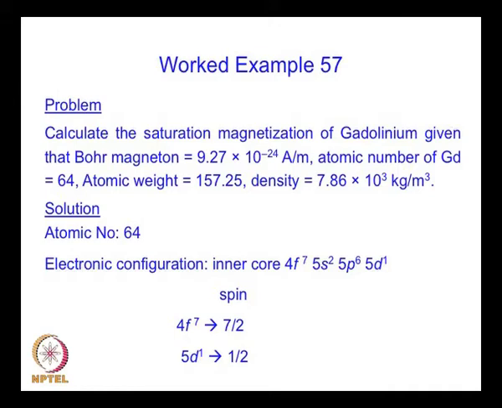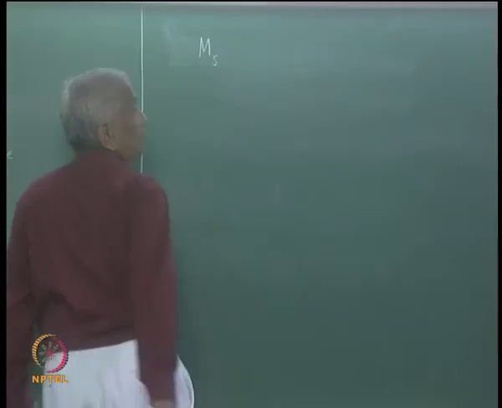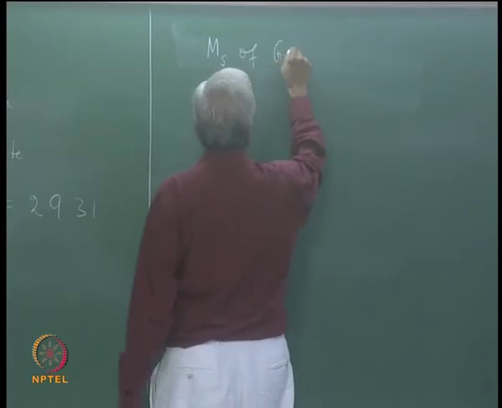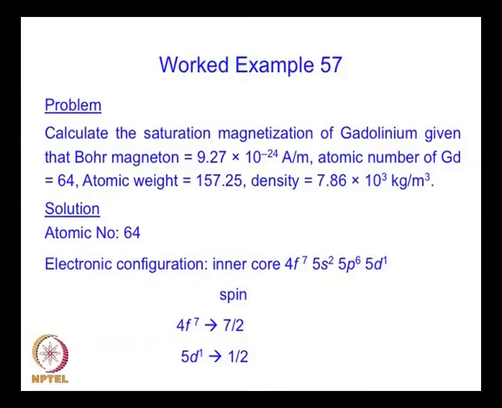We next move on to the problem in which we are asked to calculate the saturation magnetization of gadolinium, for which we are given the data that one Bohr magneton is known.